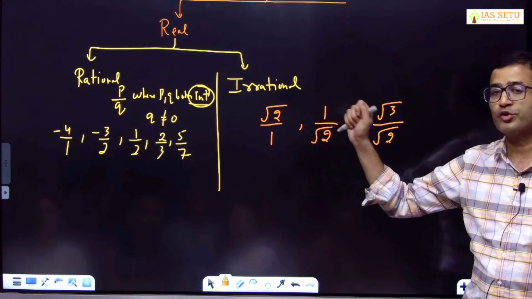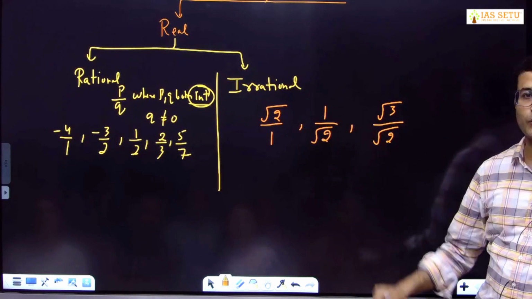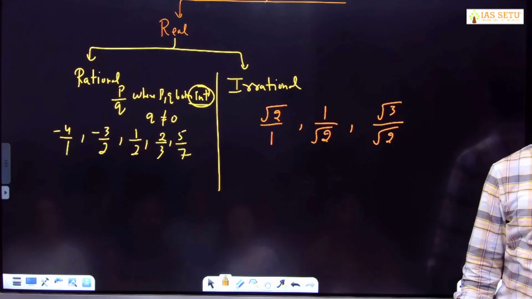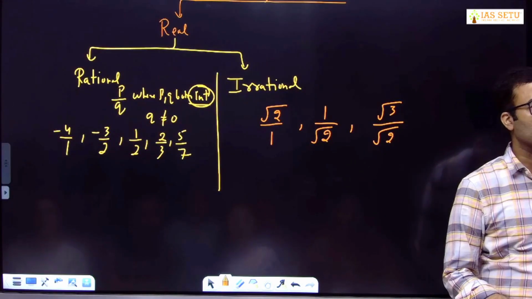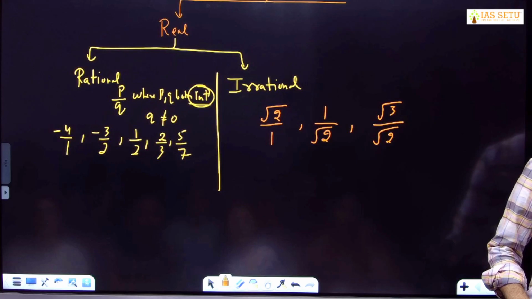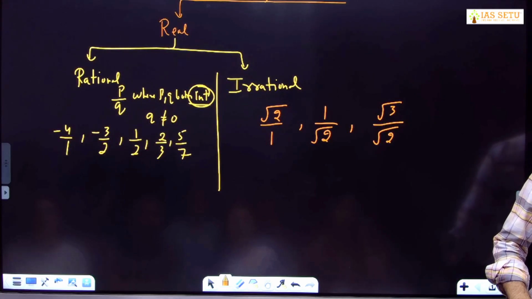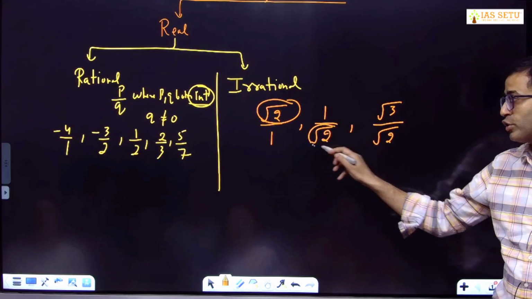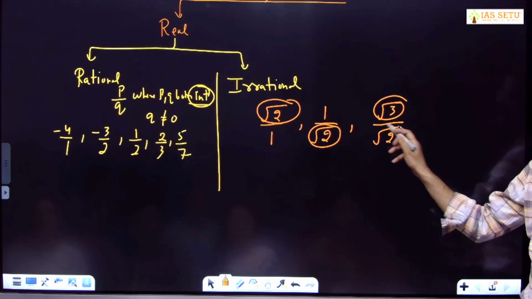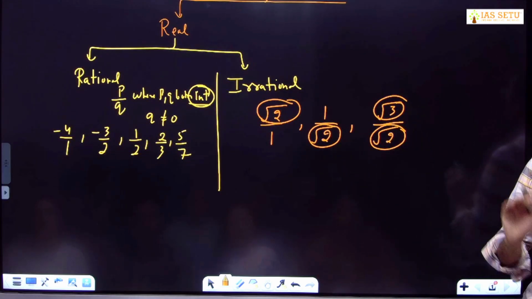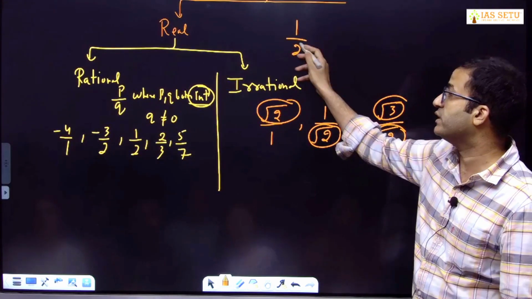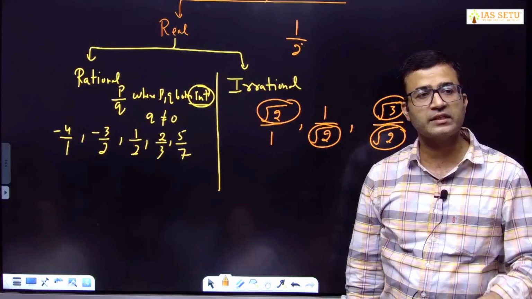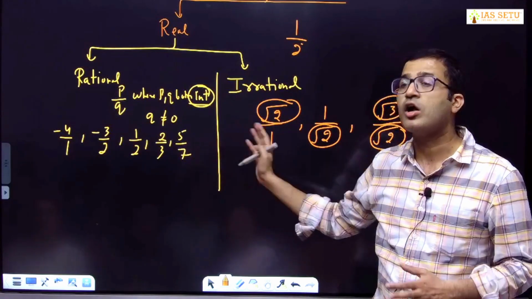Either your numerator is non-integer, or your denominator is non-integer, or both are non-integer, or at least one out of numerator and denominator is non-integer. So what are irrational numbers? Because the moment it is integer upon integer, it becomes a rational number. What are irrational numbers?